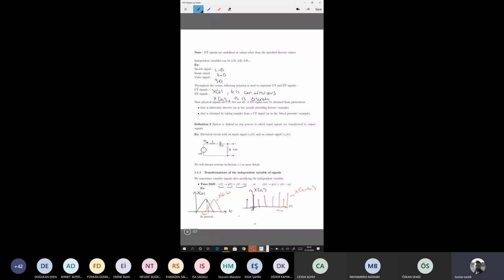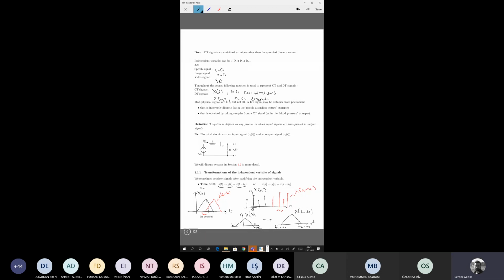In general, what we have is this. If we have x of t, a signal in between, let's say, t1 and t2, the shifted signal, x of t minus t0, is in between t1 minus t0 and t2 minus t0.